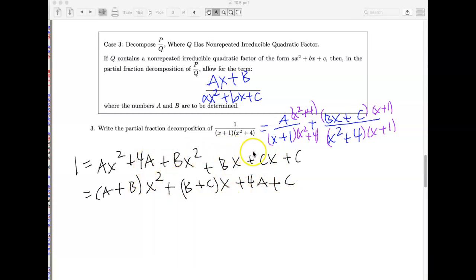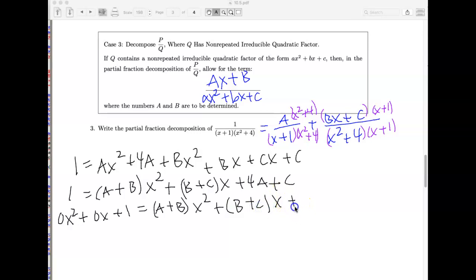And let's just make sure we have all that information. Yeah, so this is still equal to 1. And the idea here is, remember on this left side, it's like 0x² + 0x + 1 equaling that (A + B) times x² plus the (B + C) times x plus 4A + C.